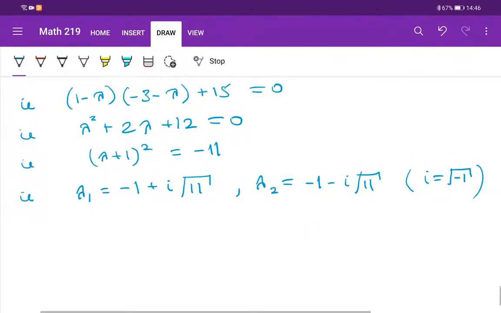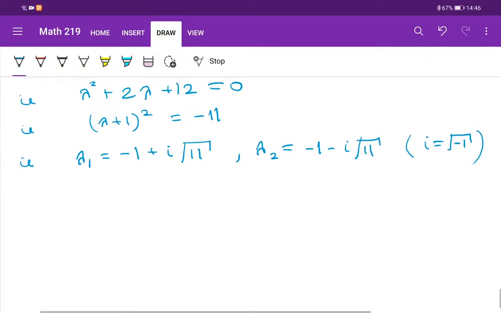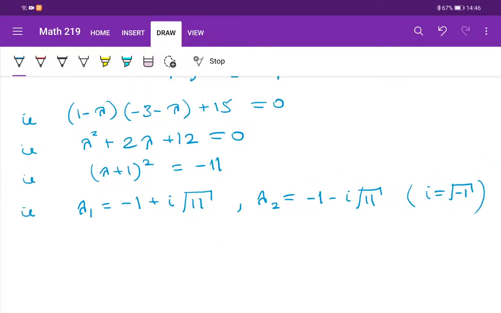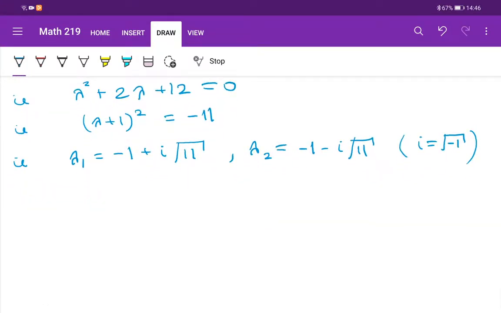Okay, so we have two complex eigenvalues in this case, and they are conjugate to each other. It's as we expect. This is a real quadratic equation. It either has real distinct roots, a real repeated root, or a pair of complex conjugate roots. So when you have real equations, the complex roots will always occur in complex conjugate pairs.